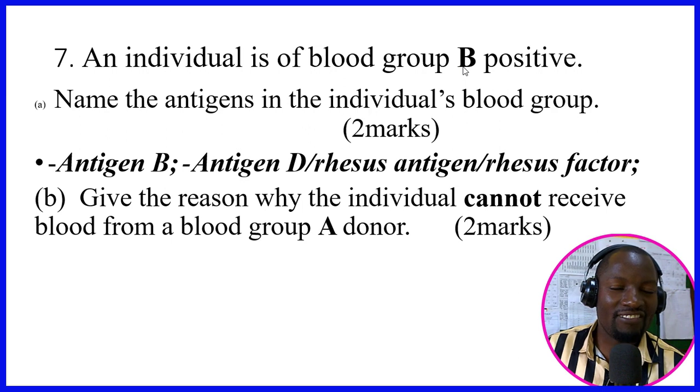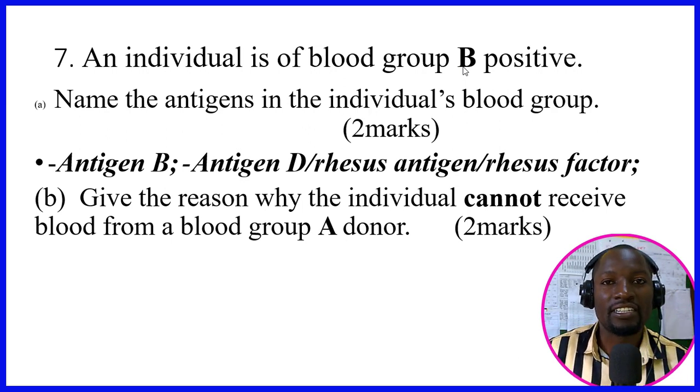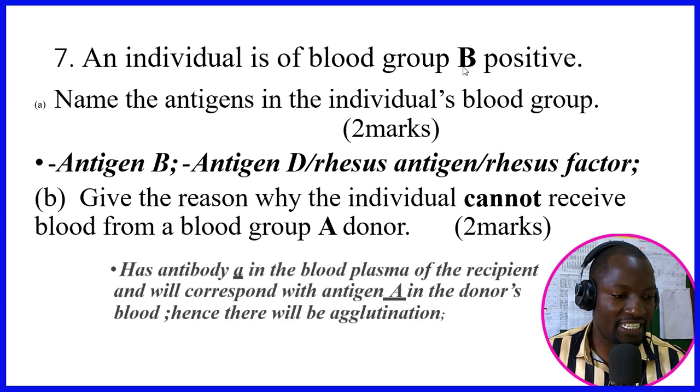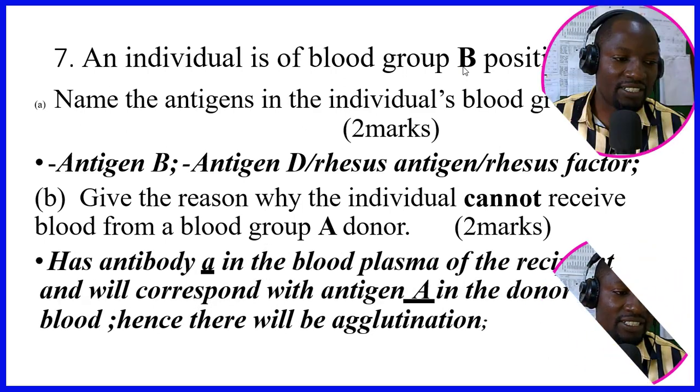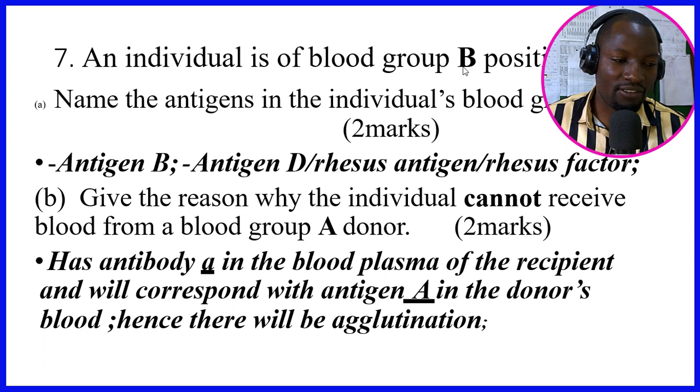So if we have antibody A and we are receiving antigen A, it will cause a reaction and that blood will agglutinate. Because the antibody A in the recipient's plasma corresponds with antigen A in the donor blood, there will be agglutination.